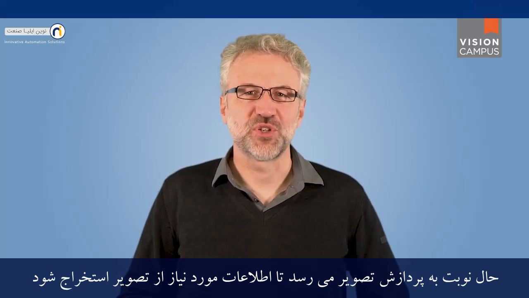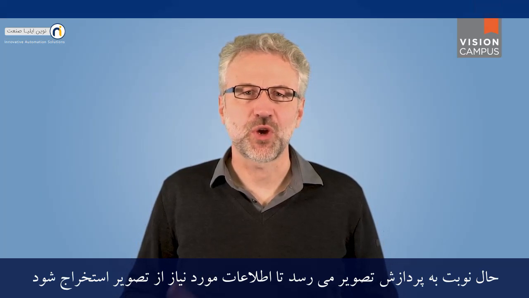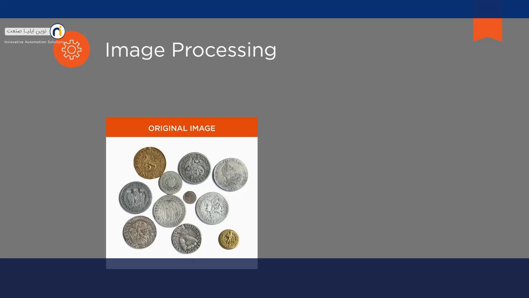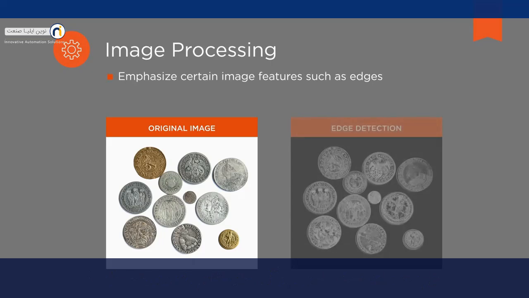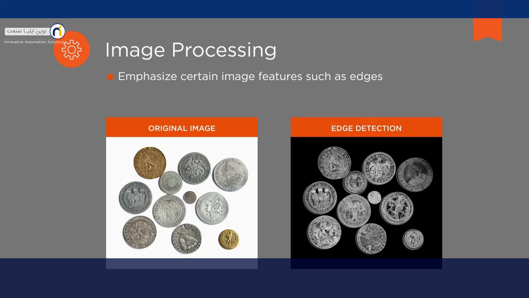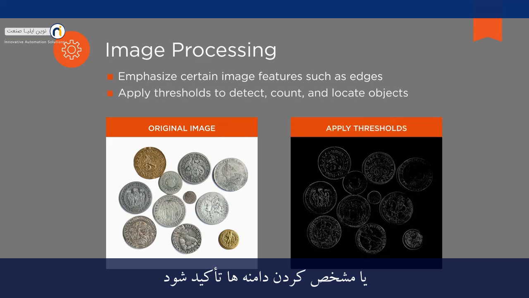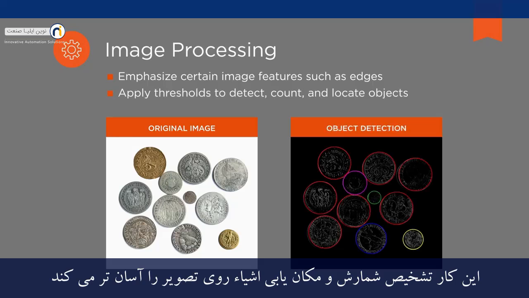Now it's time for image processing, to extract the required information from the image. The first step is to emphasize certain image features, such as edges, or to apply thresholds. This makes it easier to detect, count and locate objects on the image.